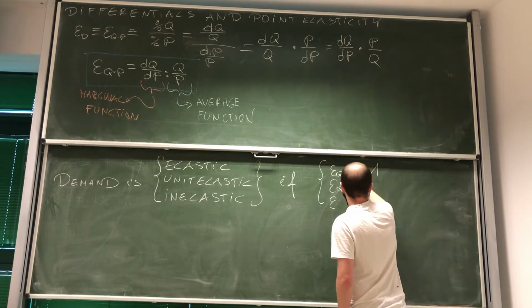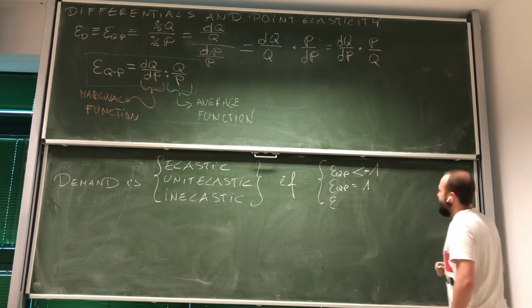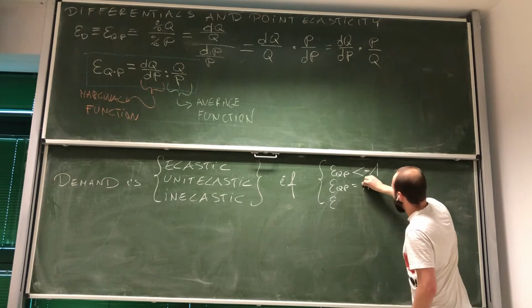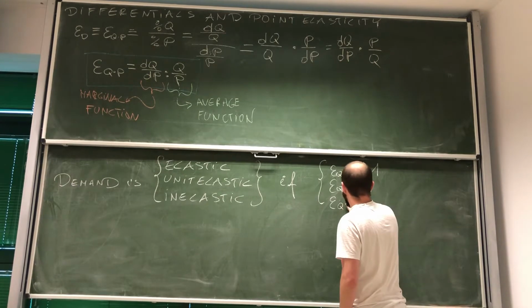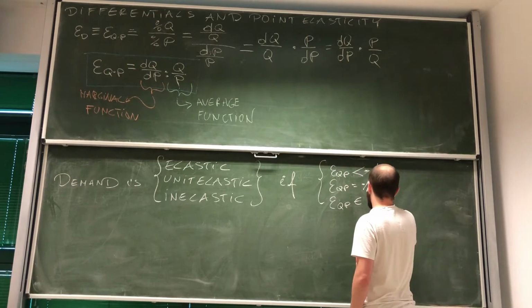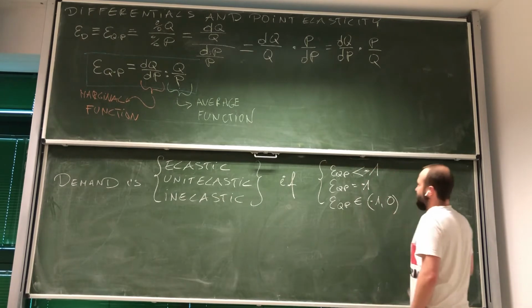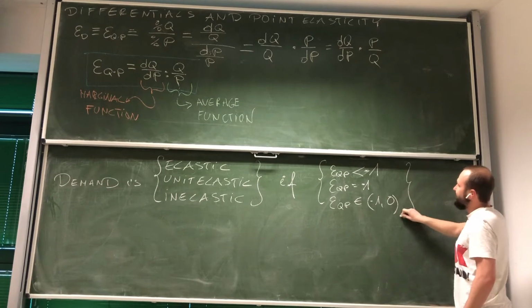Okay, let's say it's smaller than -1, is equal to -1, and is between -1 and 0. Okay, we're going to put it in this way.